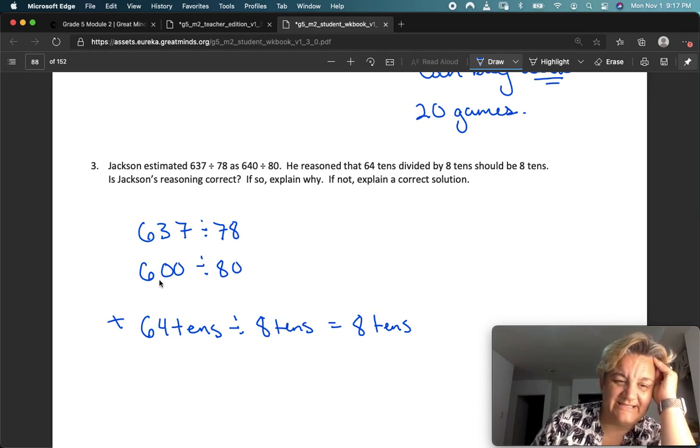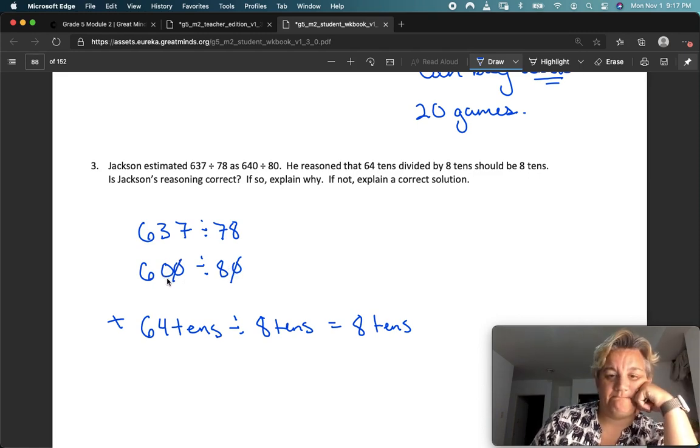He said 600 divided by 80. Well, 8 doesn't go nicely into 600, does it? Oh, 640, sure. Yeah. Okay. So 8 into 64 would equal 8. Ah, there's the problem. It's not 8 tens, is it?